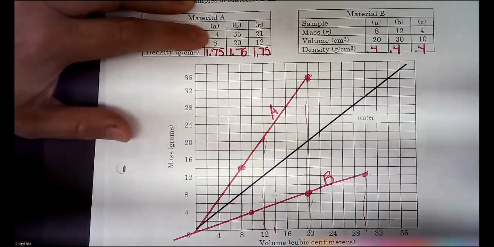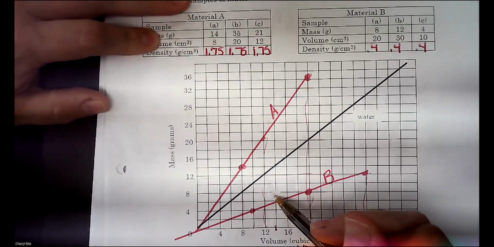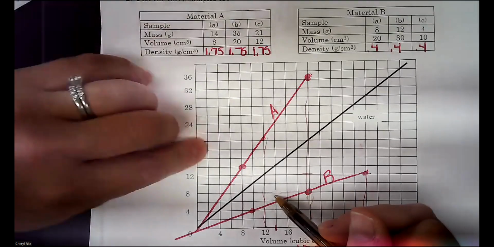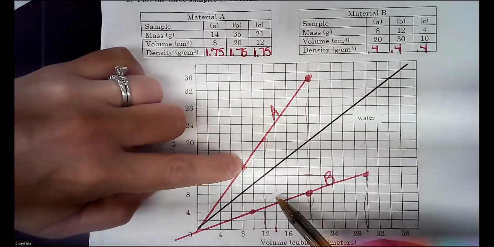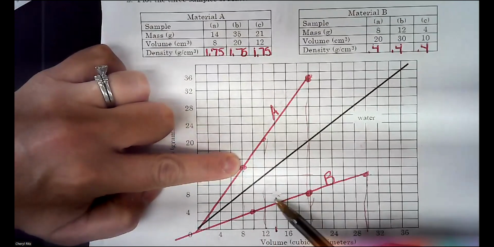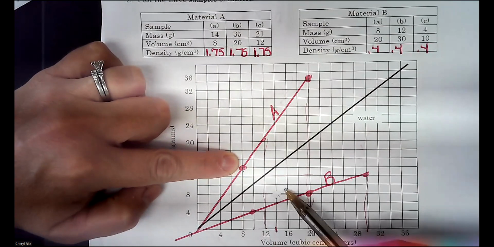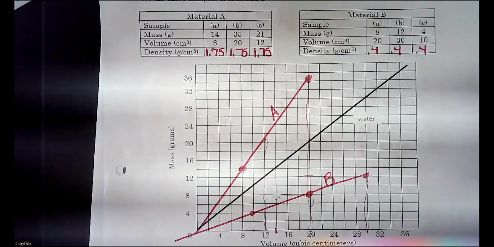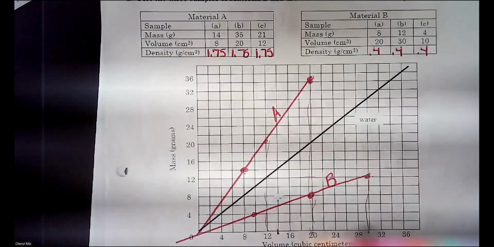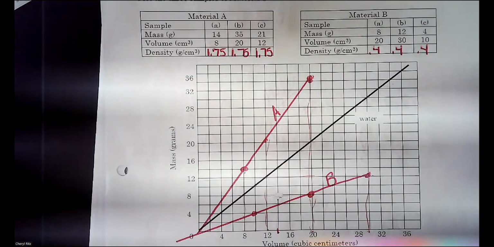So if you would have done 14 and 8, which would have gotten you here instead of here. So notice, in fact, you can see there might even be a whiteout dot there because Mrs. Ritz might have screwed up. But if you had your lines reversed, it's because you did not do volume on the X and mass on the Y. And they messed with you on purpose.